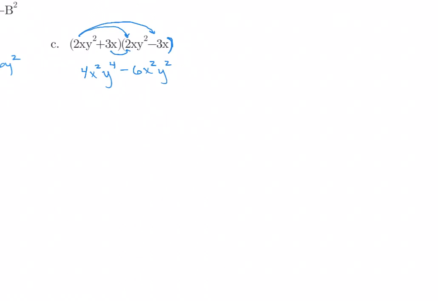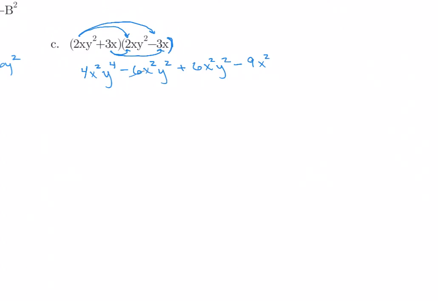Insides, we get 3 times 2 is 6. X times x is x squared, and we have a y squared. And finally, our lasts, we get minus 3 times 3 is 9. X times x is x squared.